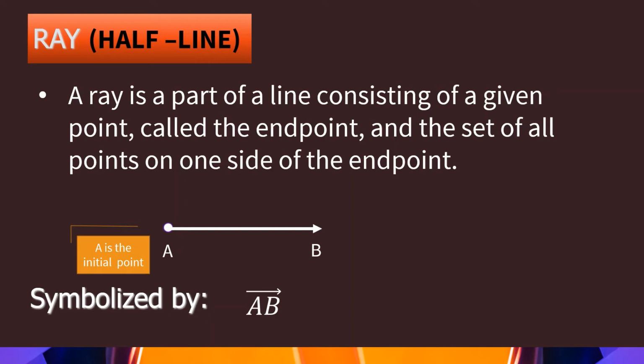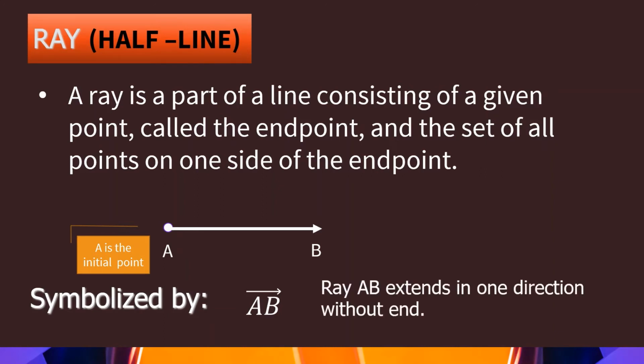So, kung saan yung initial point, yun yung mauunang representation sa symbol natin, yung letter na yon. So it can be ray AB which extends in one direction without end.